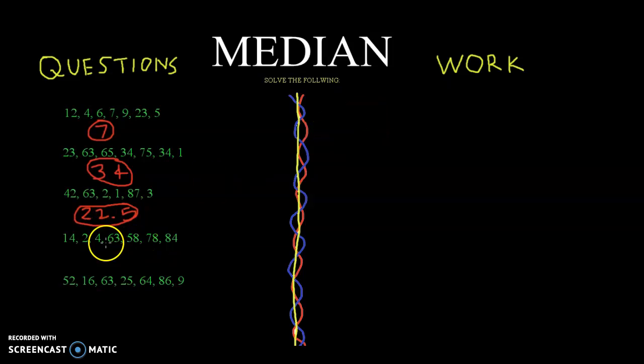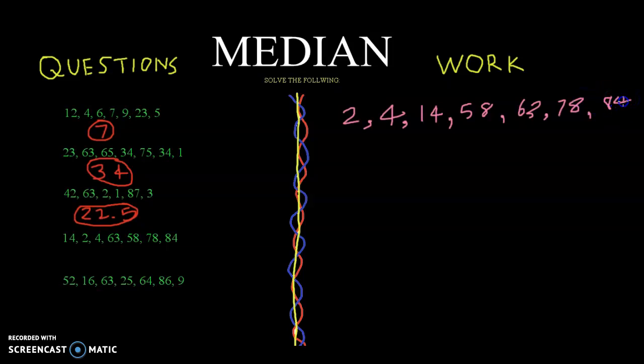Now can you tell me the smallest one from these? 2, 4, 14, 58, 63, 78, 84.